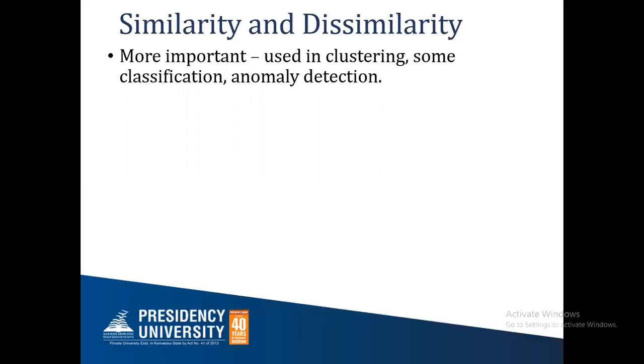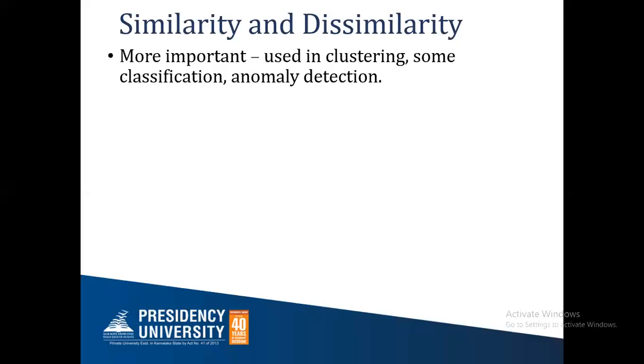Similarity is when two objects, data points, or any two elements are equal or the same, we call them similar. A similarity measure is a numerical measure of how similar or how alike the two objects are. And dissimilarity is how different the two objects are.